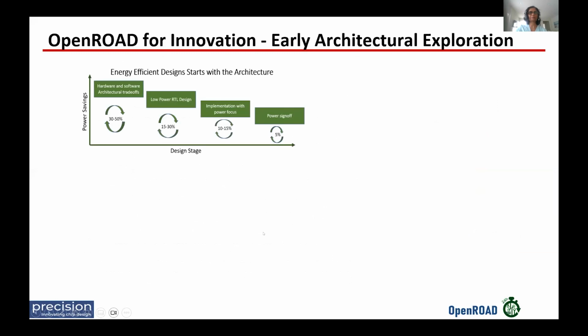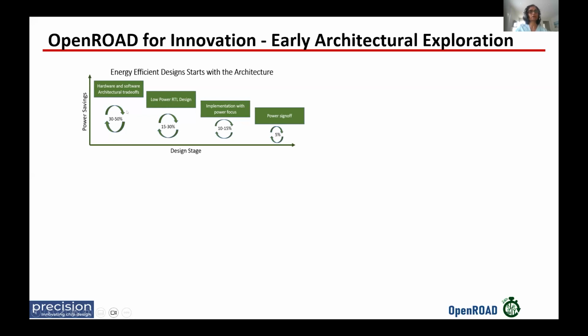I'll just talk a little bit about how OpenROAD is useful for innovation. As I mentioned, the architectural stage or the early design stage is where there is maximum leverage and opportunity to optimize for power, and most likely 30 to 50% of power trade-offs and decisions are made in the early design stage.